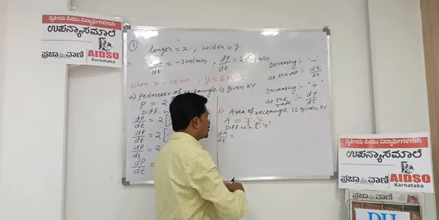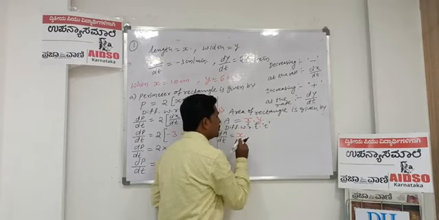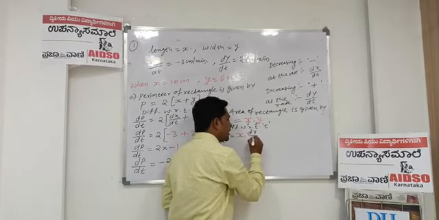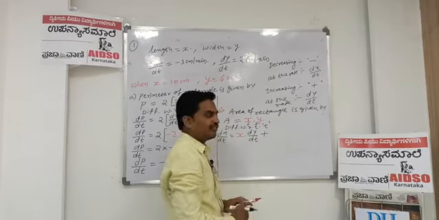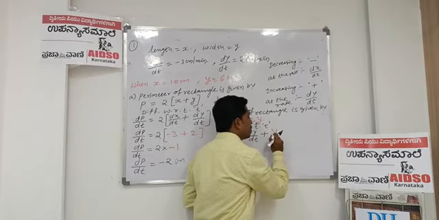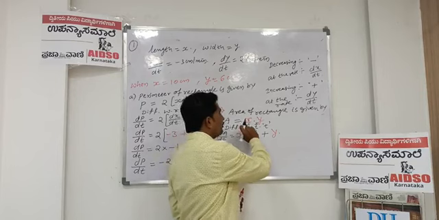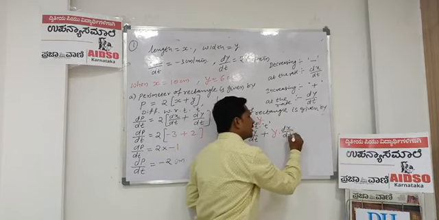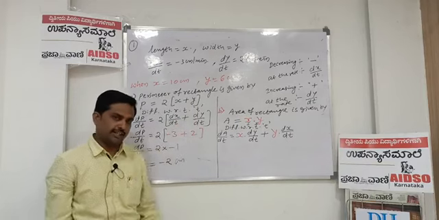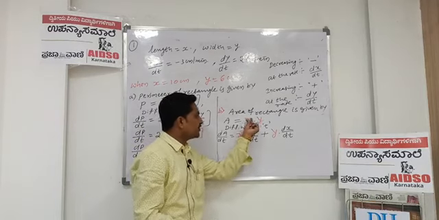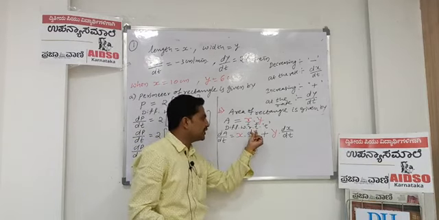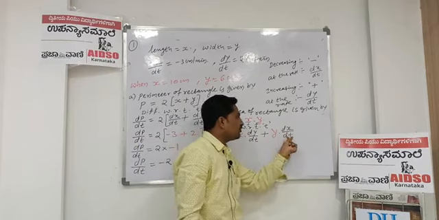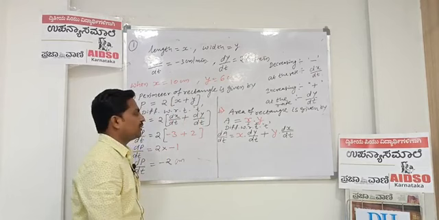First function x into the derivative of y with respect to t, that is dy by dt, plus second function y into the derivative of x with respect to t, that is dx by dt. Let me once again repeat this. The first function x into the derivative of y is dy by dt, plus y into the derivative of x is dx by dt.